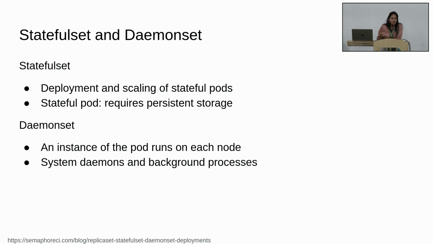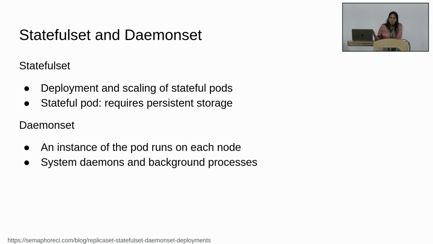So there is a special type of pod that you can create on these worker nodes, called DaemonSets. A DaemonSet has an instance of a pod that runs on each worker node in the cluster. When you create a deployment, there's no guarantee on which node it gets created.